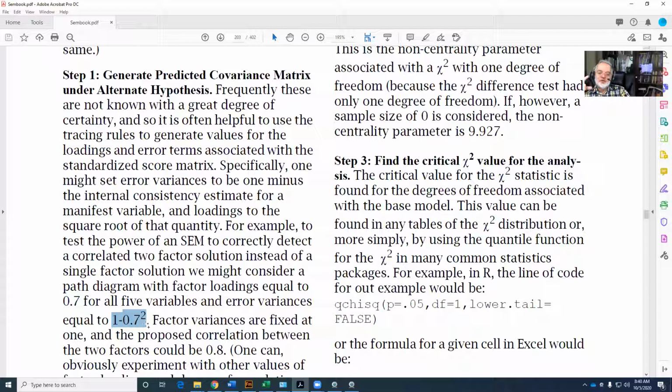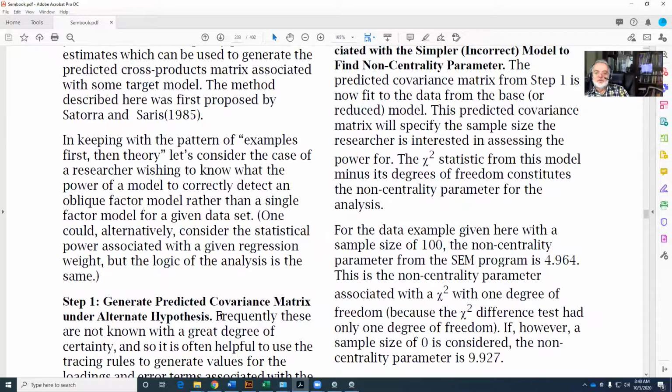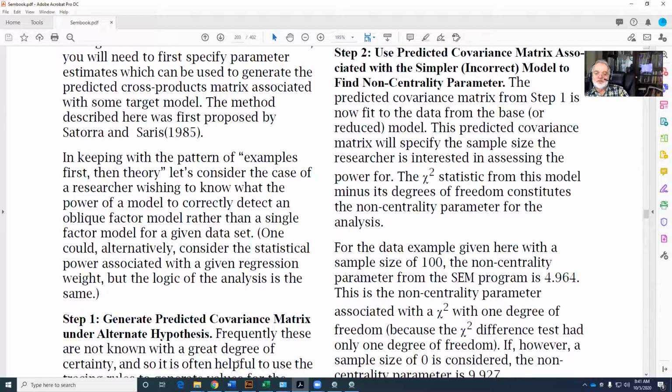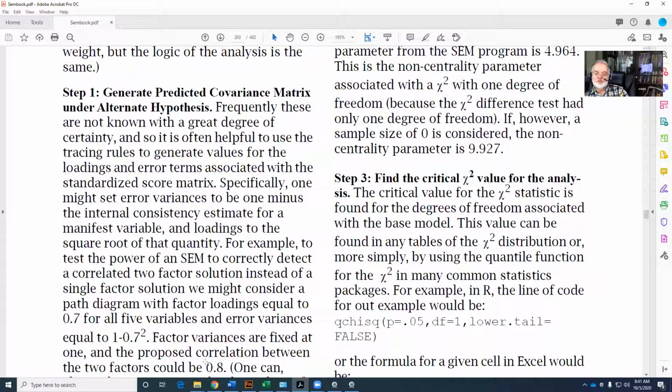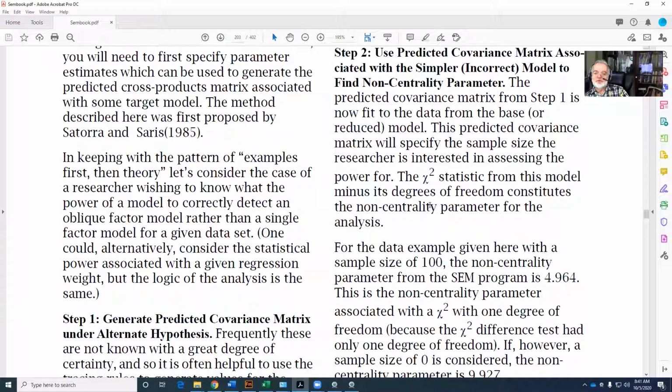And maybe for the other model, rather than a single-factor model, the correlation between the two factors is 0.8. So I'm going to use that predicted covariance matrix associated with the more complex model to find the non-centrality parameter. In this case, I've got 0.8 as my correlation between the two factors, all of these loadings, and I'm going to fit the single-factor model to the data. That chi-square minus its degrees of freedom is going to be the non-centrality parameter.